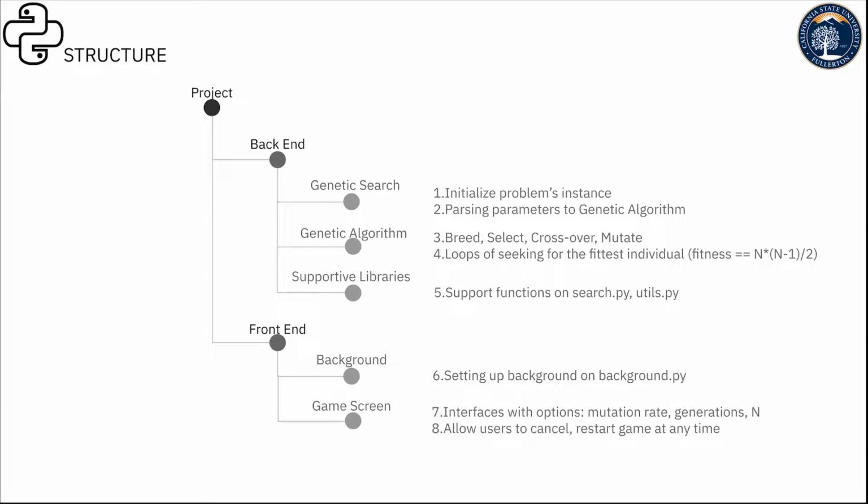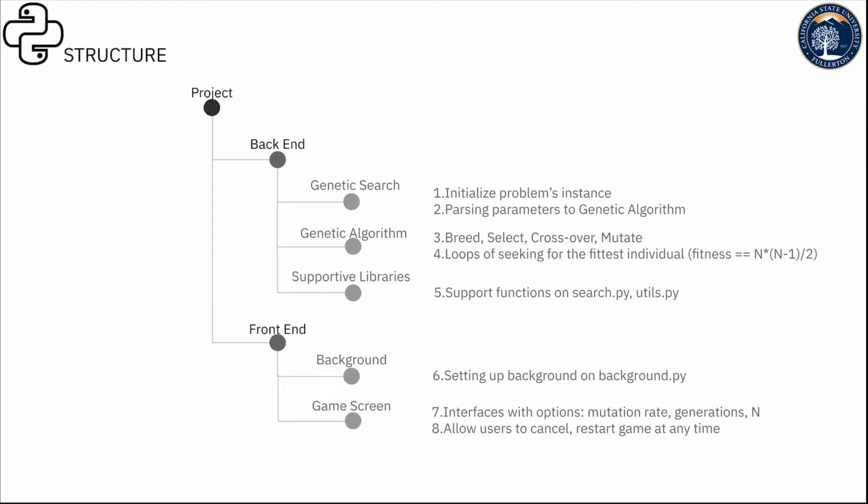The genetic algorithm follows what the professor mentioned in the lecture slides: initialize the population size, select some population from that, cross over, and then finally mutate one spot in the resulting chromosome.